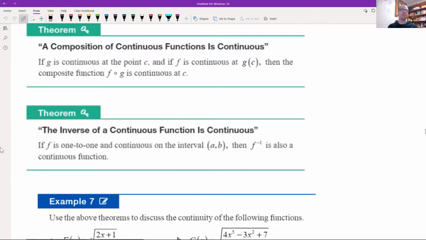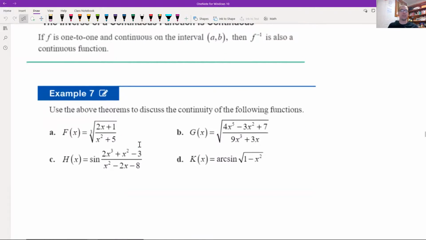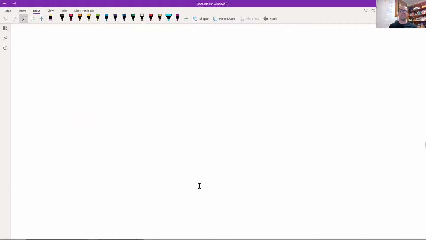Cool. So yeah, f has to be one to one and continuous on a given interval so that it actually has an inverse. This was the last example that I think I was planning on looking at today.